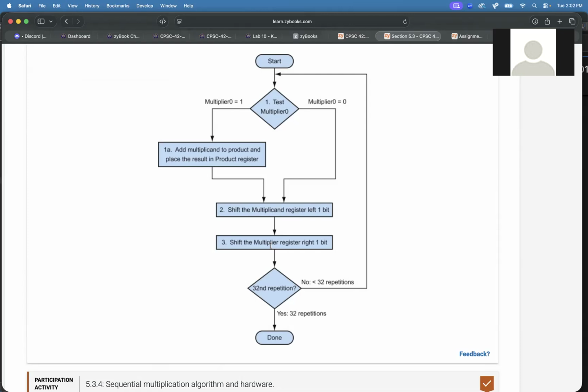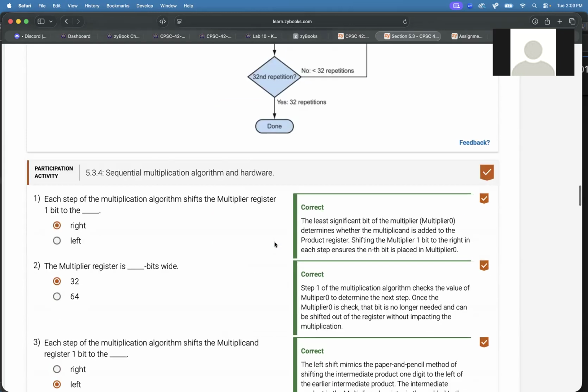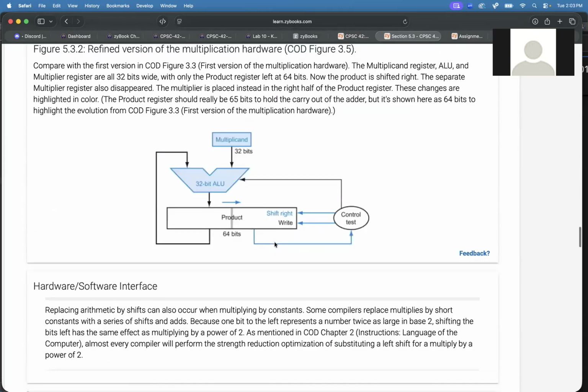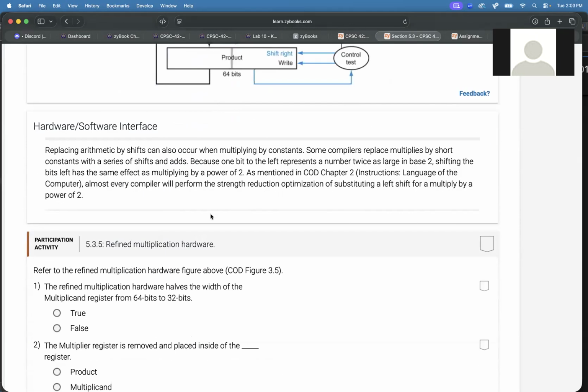In that way, 32 bits would take 32 clock cycles, as opposed to if each step was one clock cycle, then it would be three times as long to run. So we can do those in parallel, they say, and go faster.